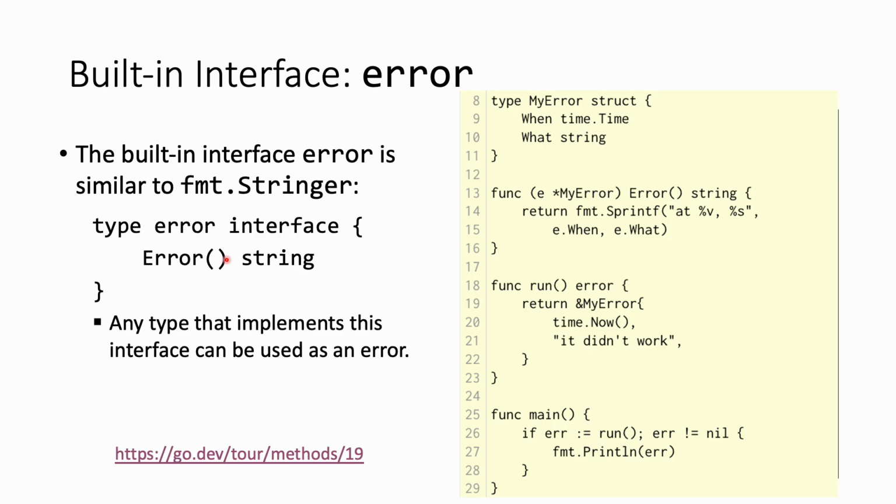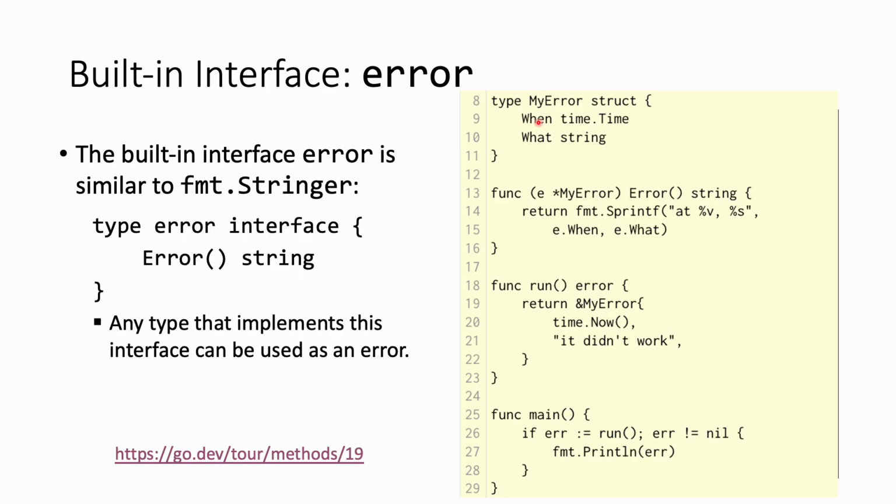You can define a custom error type by implementing the Error method on any struct. This allows you to include additional contextual information beyond just a simple string, which is useful for debugging. For example, we defined MyError struct, which has two fields, When and What. The field When is a time defined in the time standard package.